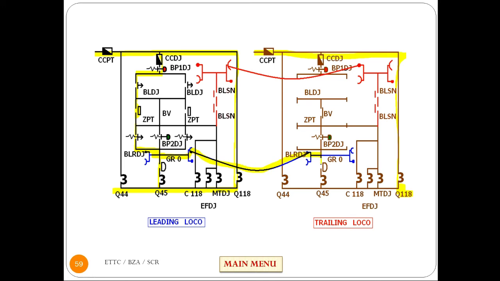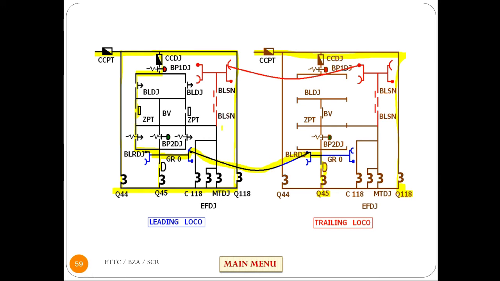Whenever trailing loco Q45 is energized, in the leading loco and trailing loco, the Q44 relay energizes independently. So whenever the Q44 branch energizes, its interlock gets closed on the MTDJ common path, so that the supply will come to the C118, EFDJ and MTDJ.